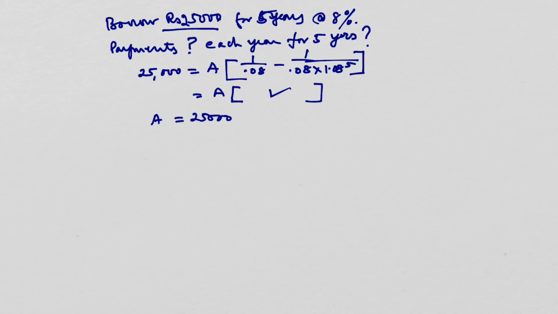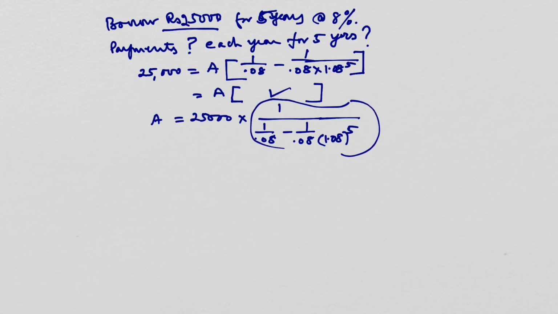So A is 25,000 divided by this factor, which is 1 divided by 0.08 minus 1 divided by 0.08 into 1.08 raised to 5. Now the reciprocal of the annuity factor comes to 0.25.